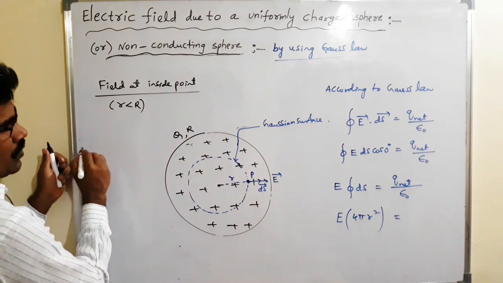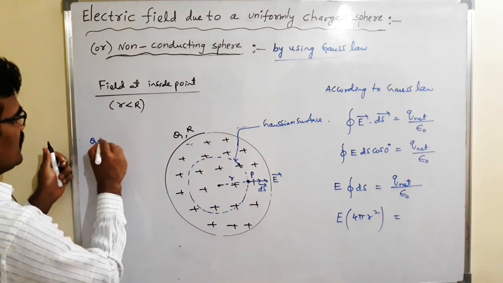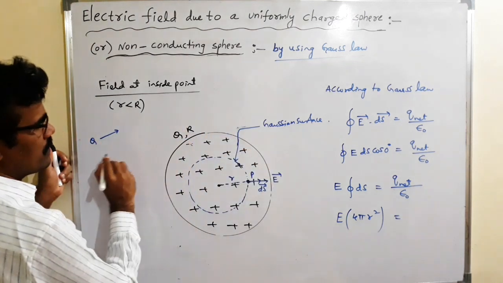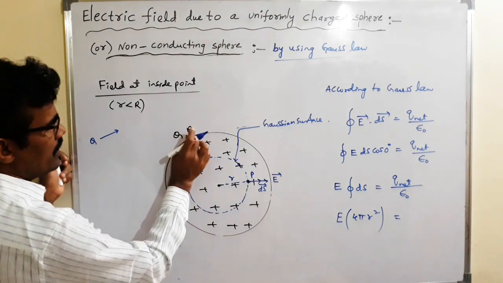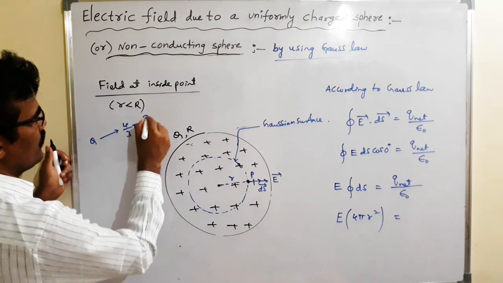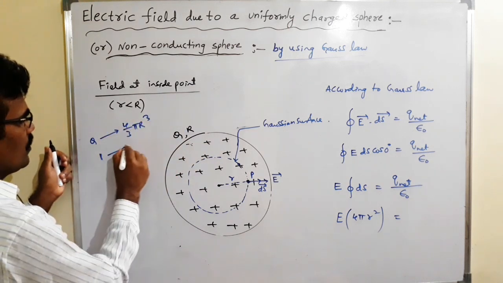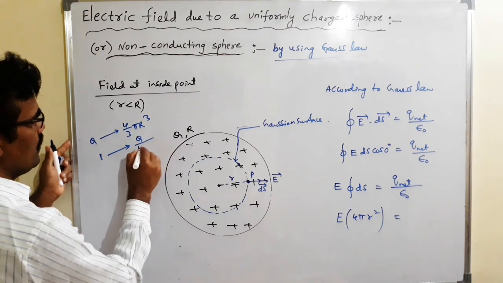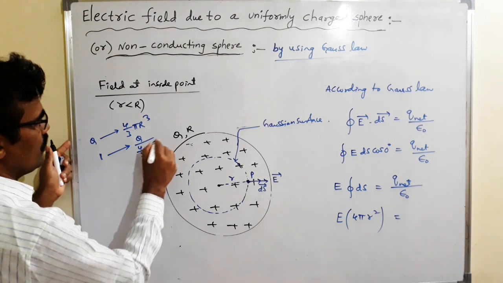We know that charge Q is distributed through the volume of the sphere of radius R, which is 4 by 3 pi R cube. Per unit volume, the charge distributed is total charge by 4 by 3 pi R cube.